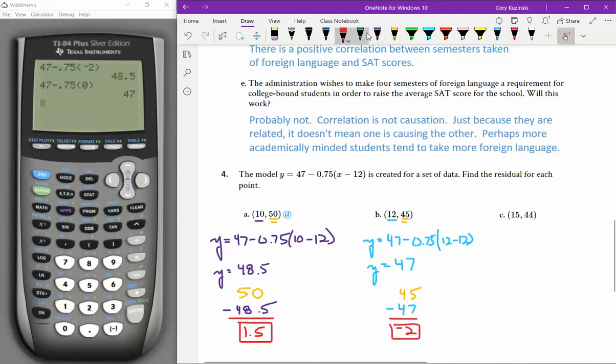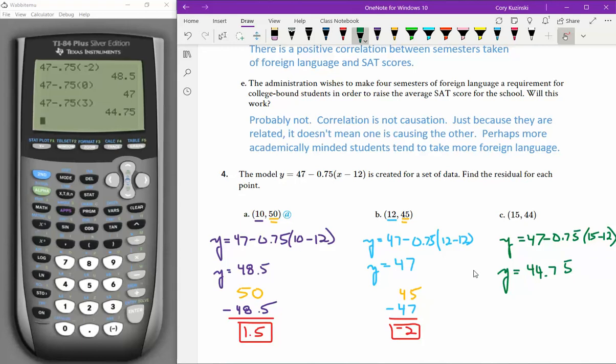One more time, here we go. Let's put 15 into the equation. Kind of repetitive, right? 0.75 times 15 minus 12, which is just 3. So let's go back to the equation. Second enter brings up my old equation, change the 0 to a 3, and I get 44.75.